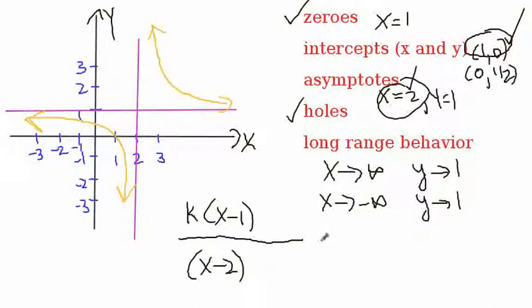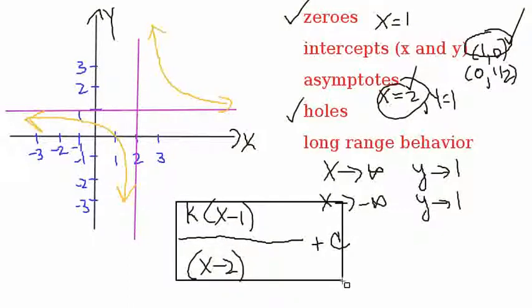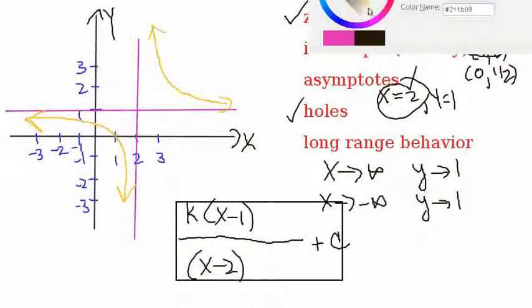So another way that we can tweak things is let's add another constant. Let's call this one c. Okay, we now need to adjust k and c so that we get the correct intercept and we get the correct long-range behavior. Okay, so focusing on this box, let's try analyzing those situations.